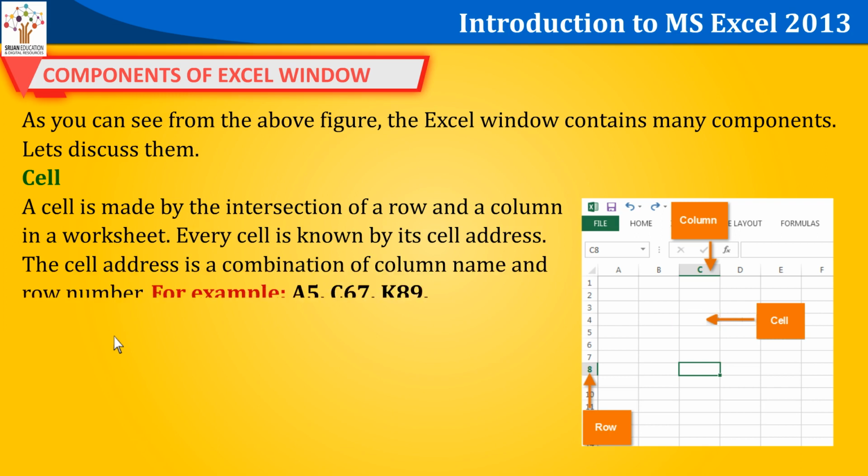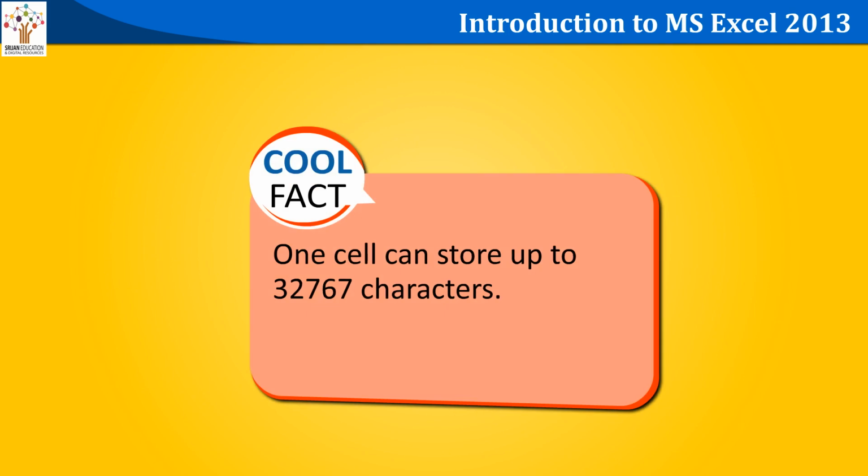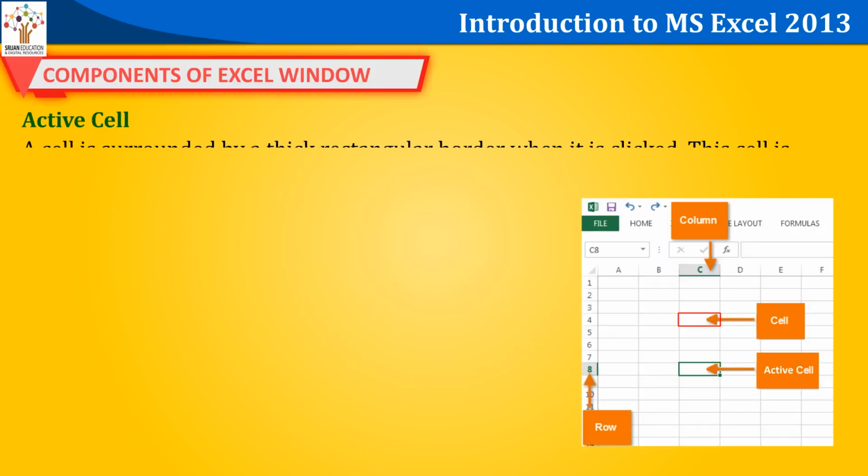For example, A5, C67, K89. Data can only be entered in a cell. Cool fact: one cell can store up to 32,767 characters.